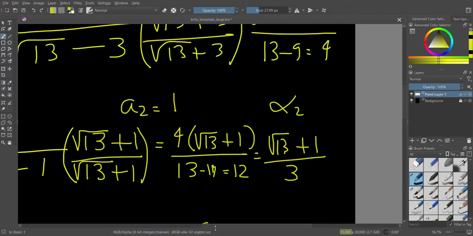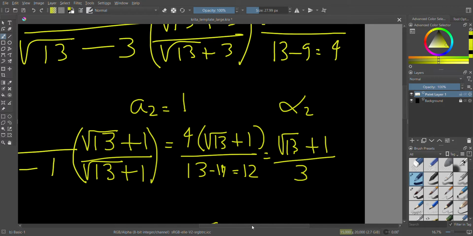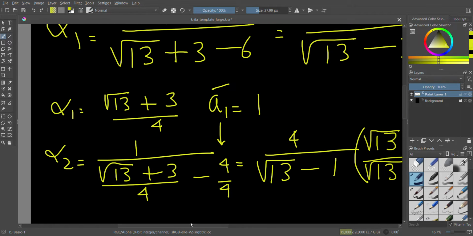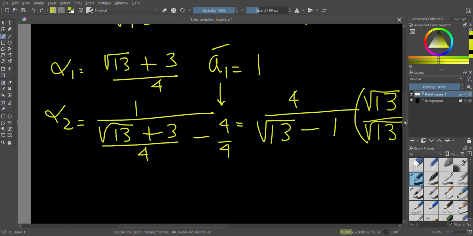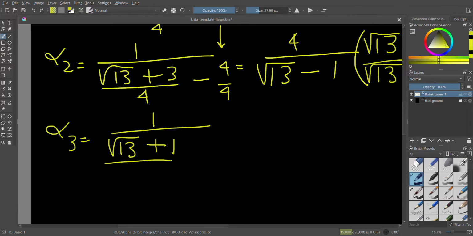Okay, so then let's go and do alpha sub 3 equals to, what's alpha sub 2? It was square root of 13 plus 1 divided by 3. Is that right?